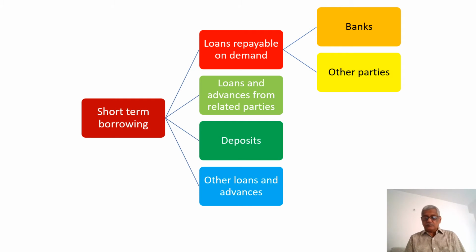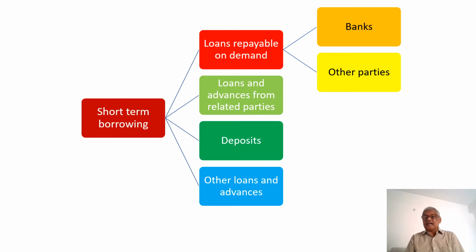Any loan which is repayable on demand, or I will put it in a different way, any loan which is valid for a period of 12 months from the date of the balance sheet, comes under this category.